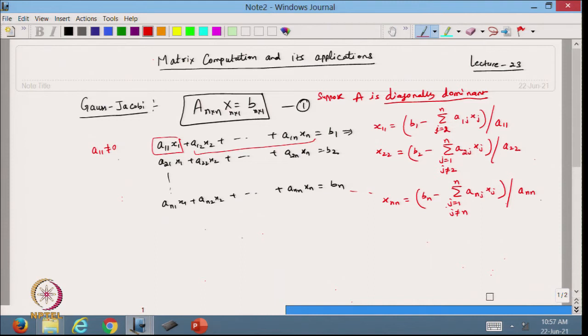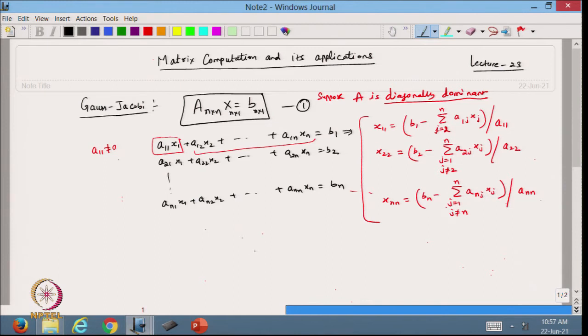So, now from here this becomes how we can write our system. Based on this system I can make this system in the iterative form. So, from here you can write this as, each equation can be written now.